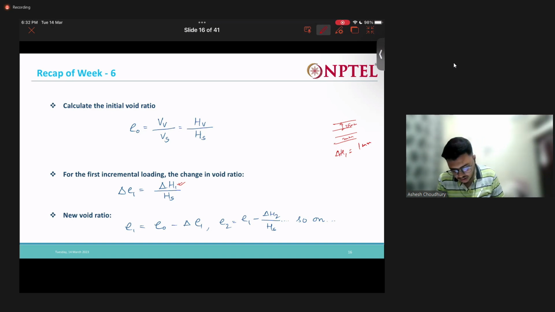The change in void ratio will be given by del h1 by Hs. So what will be my void ratio at the end of the first loading increment? Nothing but the initial void ratio minus del e1. After the next loading, how to find? It will be e1 minus del h2 by Hs. So on, we can find out till the last loading. In this way we will find out the void ratio.